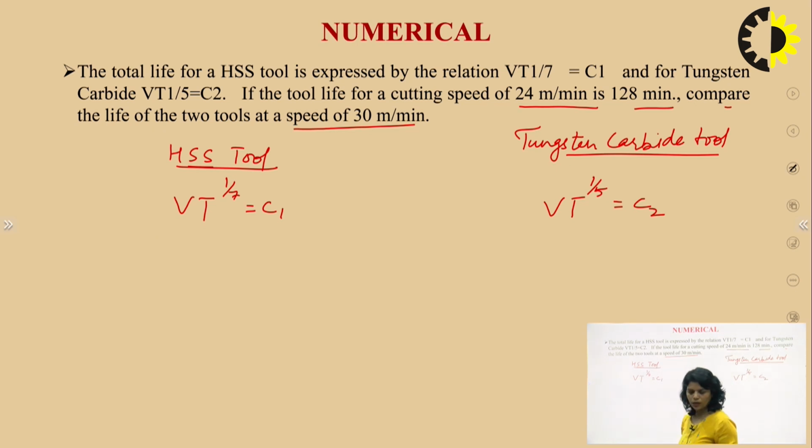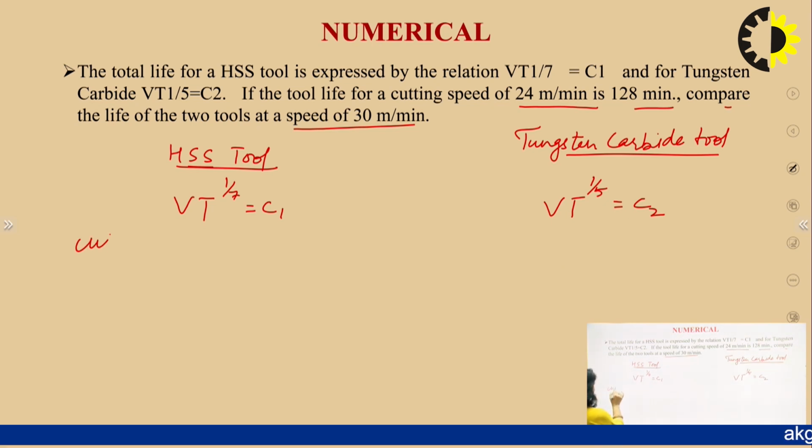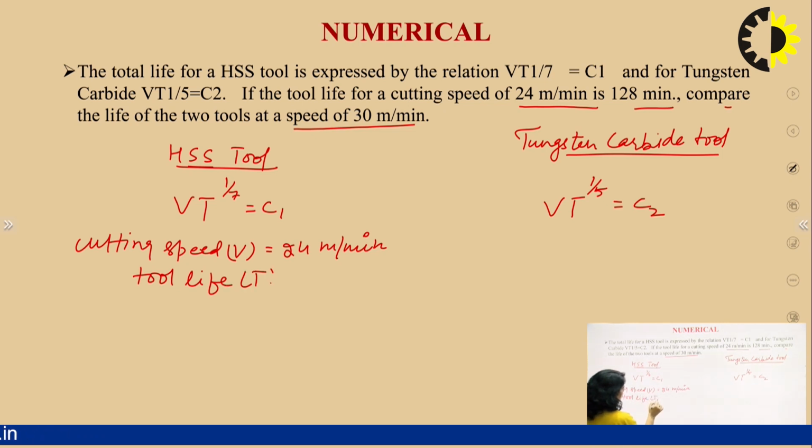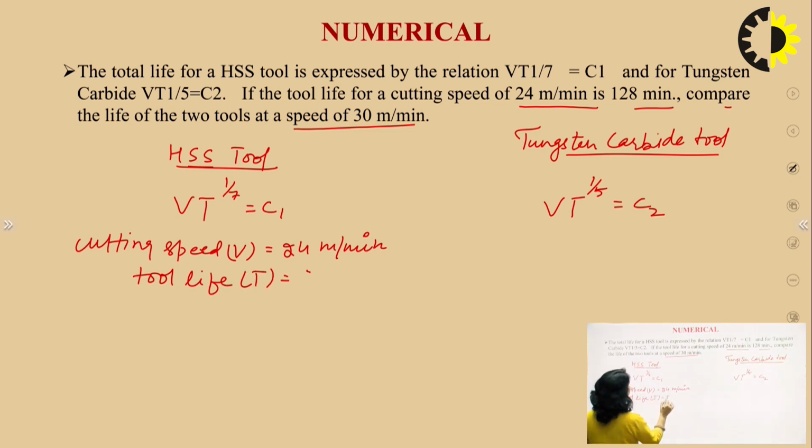Now here the cutting speed is given, meaning the value of V is 24 meter per minute, and tool life is 128 minutes.